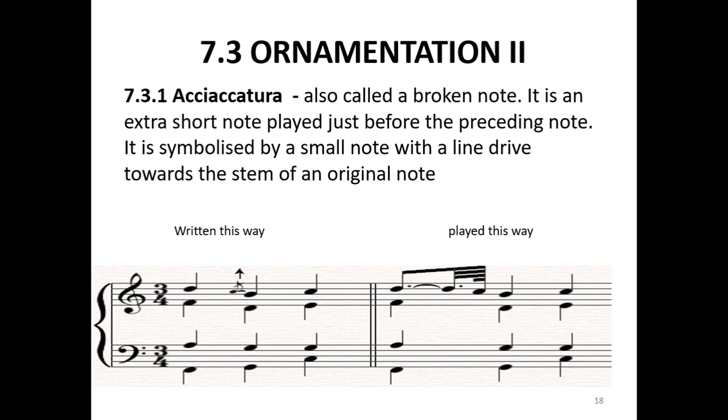You can see a small note with a line drawn through the middle of it, and it is written towards the stem of the original note, and that is called an appoggiatura. And it gives you a small ornamentation to the notes when it is played.